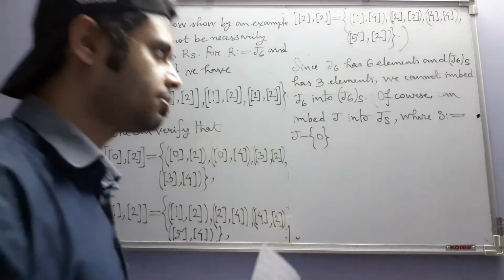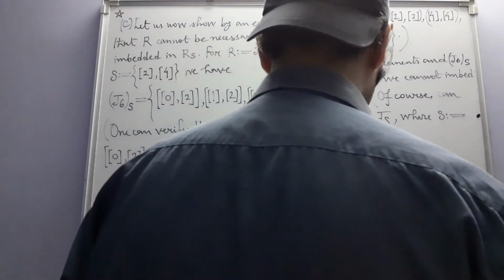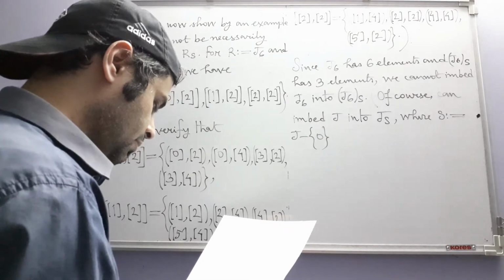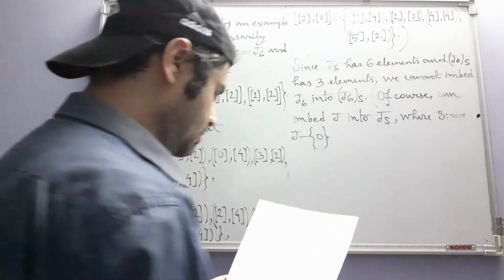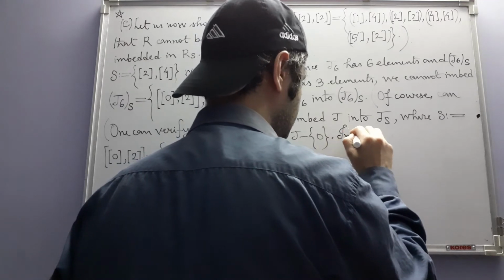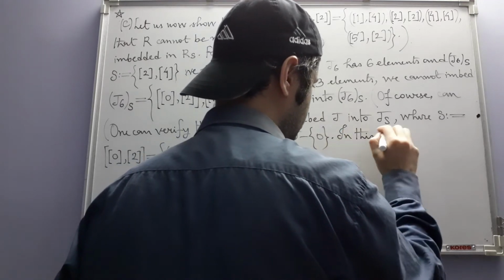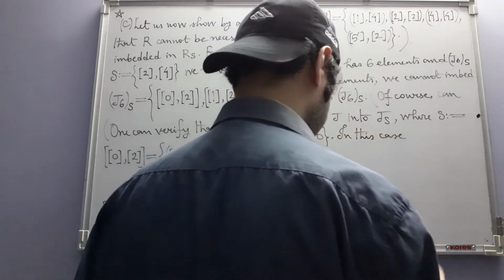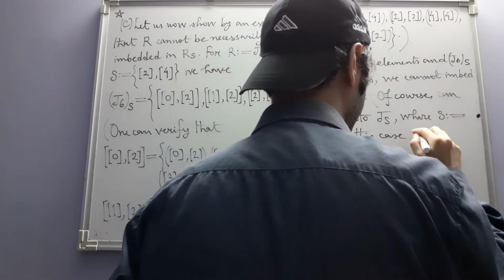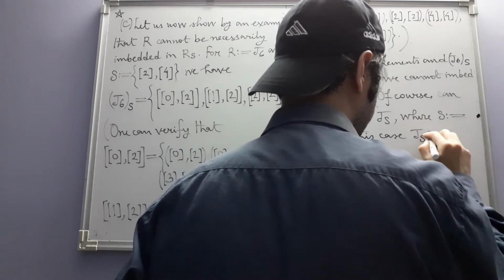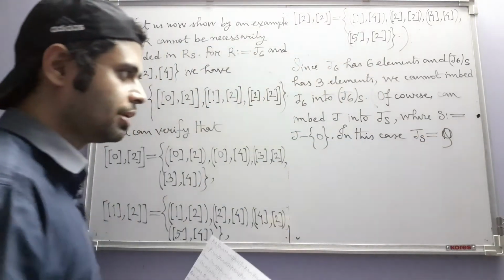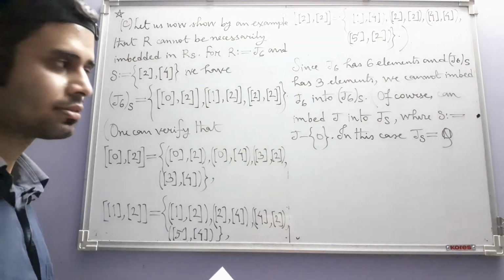That means it is closed with respect to multiplication. So it's a multiplicative system, and it can be embedded. In this case, Js, the ring that we form, is actually nothing but the field of rational numbers.